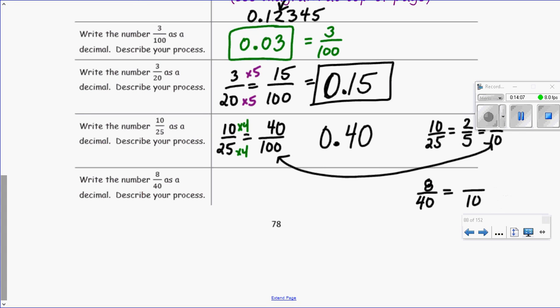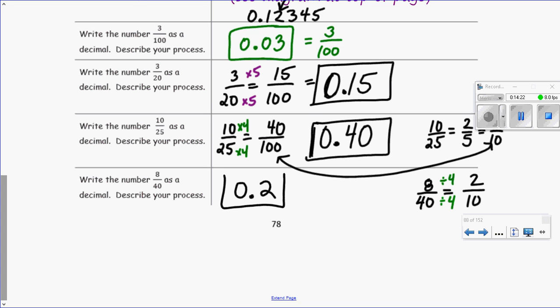So if you can see that 40 divided by 4 gives you 10, you can do 8 divided by 4, and that gives you 2. So your answer is 2 tenths. Okay, it's pretty neat how you can find a denominator that 40 can go into evenly, or 25 can go into evenly, or even reducing this one to get 2 tenths.